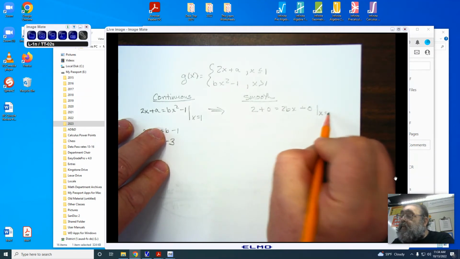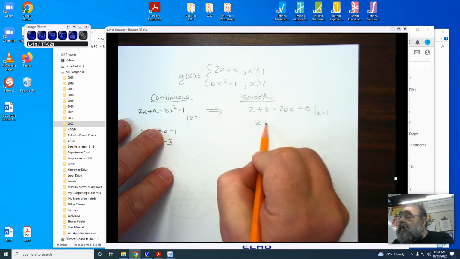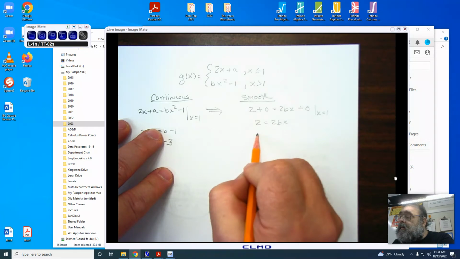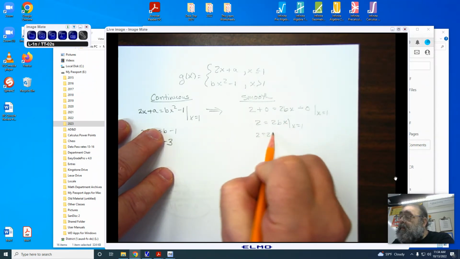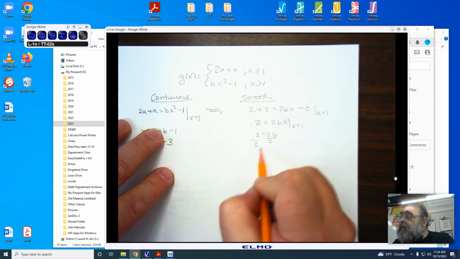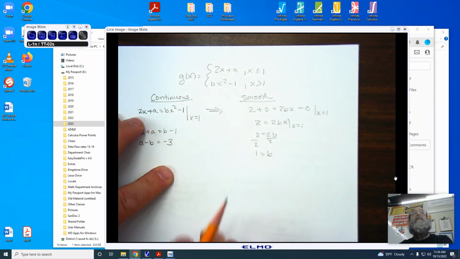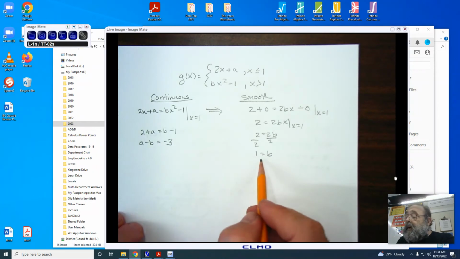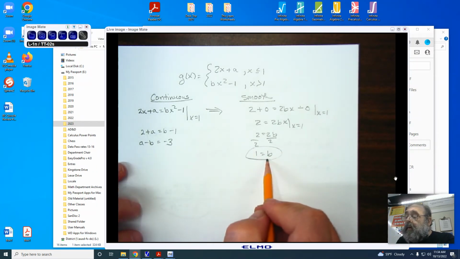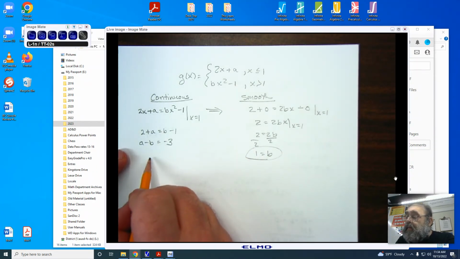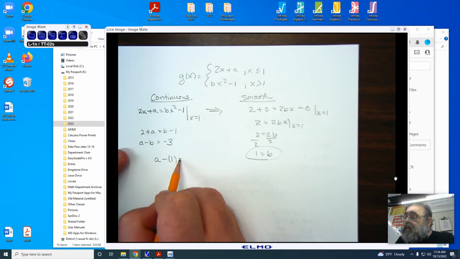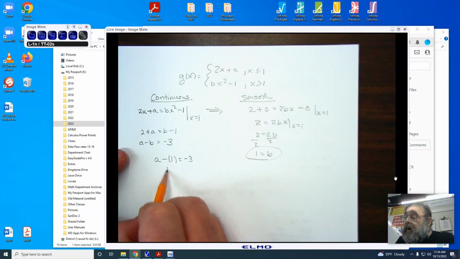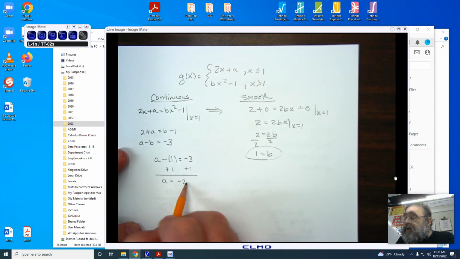This is also at x equals 1, and we're now going to simplify it. We divide by the 2, and 1 equals b. So we now have our b value, and we're going to find our a value. Direct substitution. Add 1 to both sides, and a has to equal negative 2.